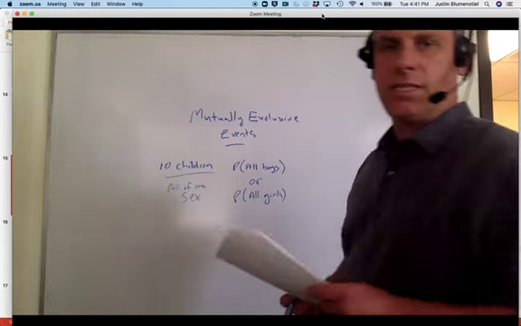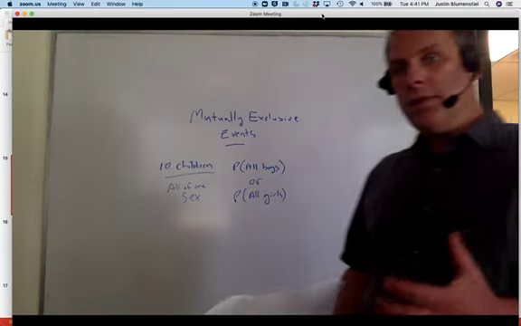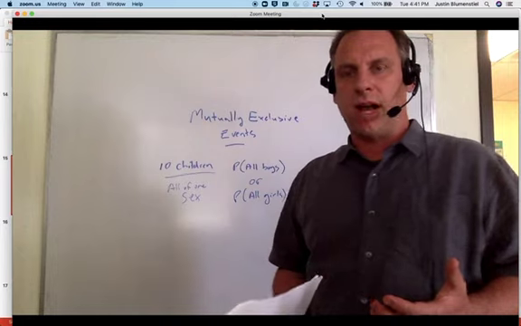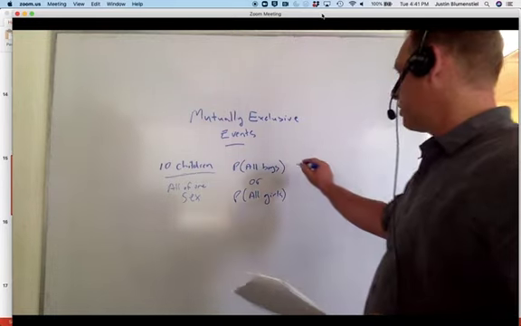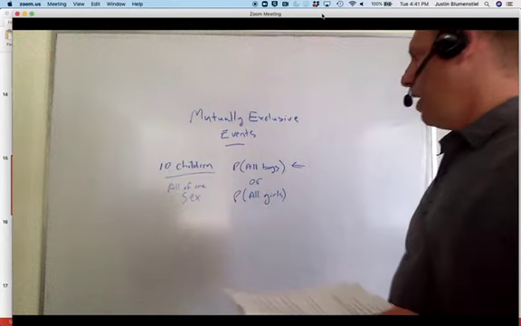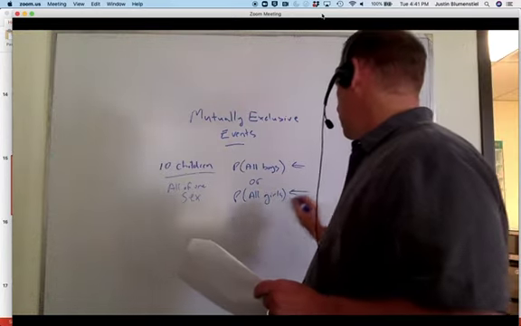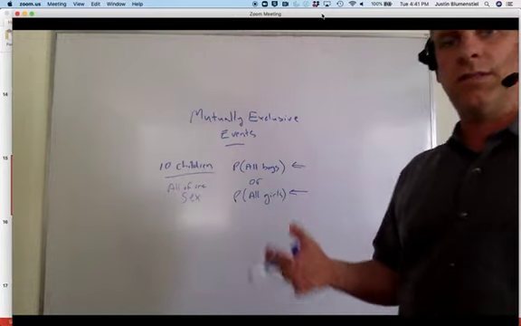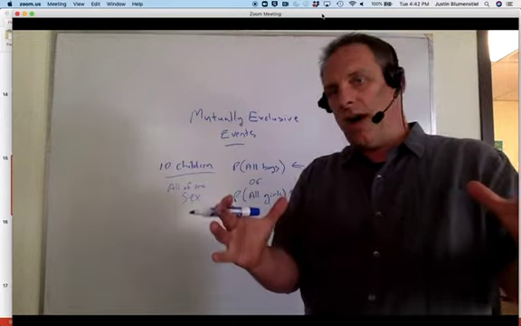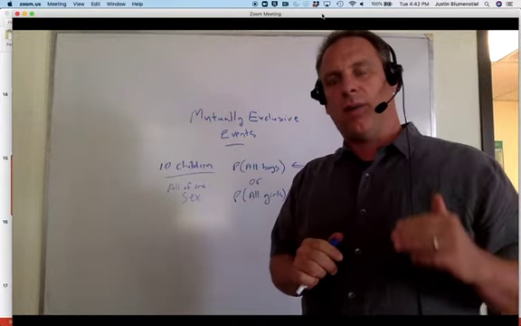And you can see that the outcome of all being one sex is comprised of two ways that it's possible. One way is that all of them are boys, or another way is that all of them are girls. So you can come up with composite events, where you define an outcome that is broken up into different other possibilities.